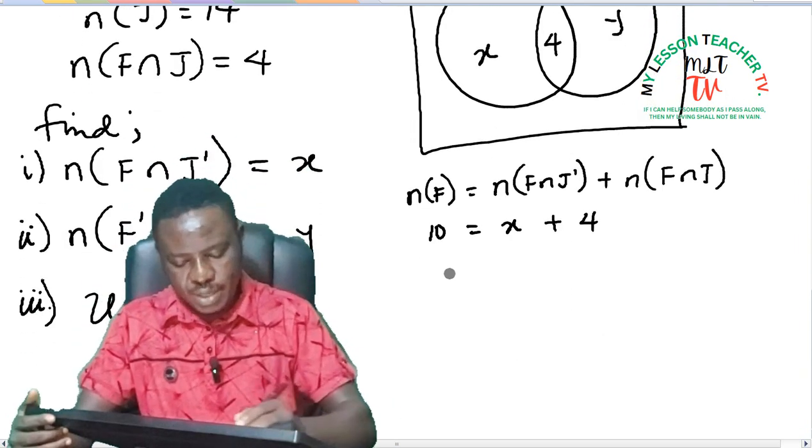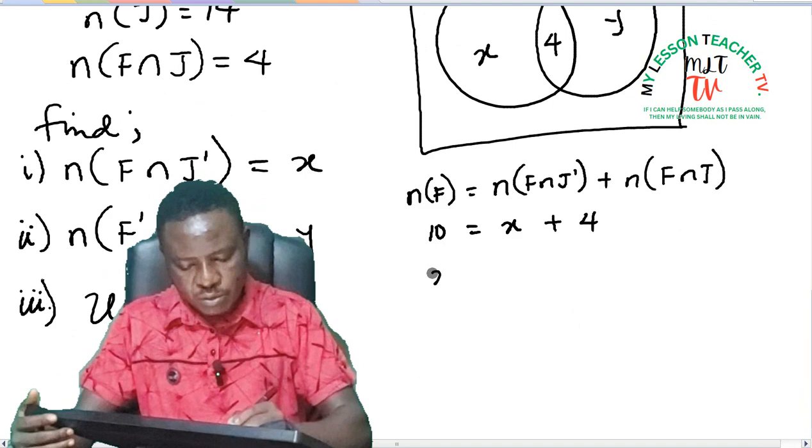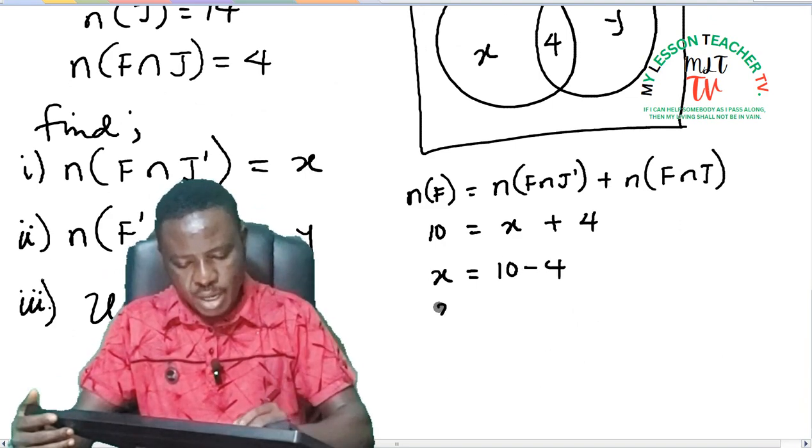We can then solve the mathematics by making x the subject of the formula to be equal to 10 minus 4, and x is equal to 6.